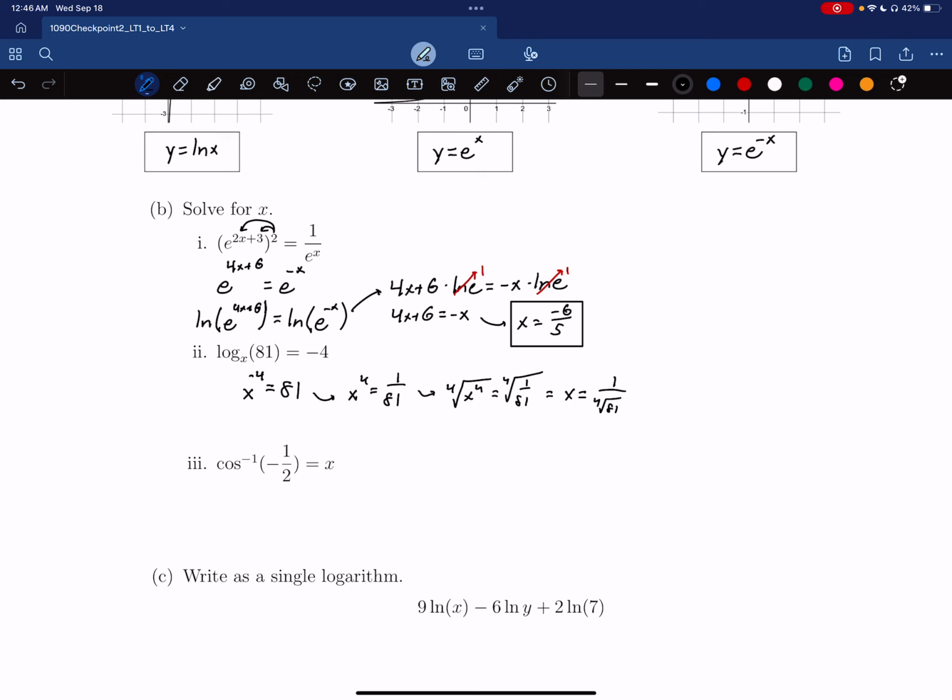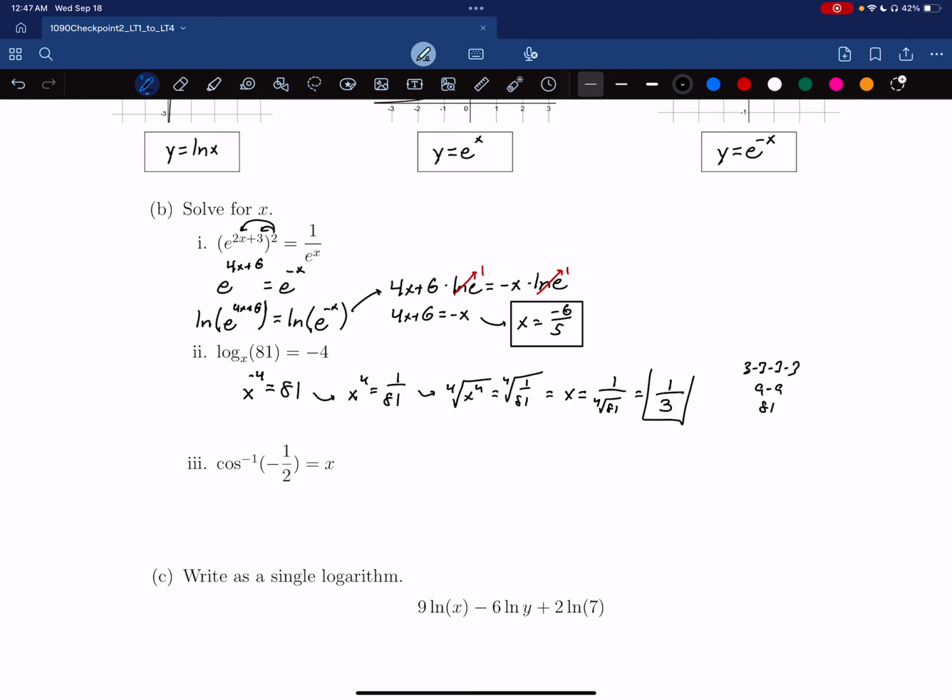Now, this might not come to you instantly, but we know 9 squared is 81, and 3 squared is 9. So this will just be the same as saying 1 over 3, because 3 times 3 times 3 times 3, we can rewrite that as 9 times 9, which is 81.